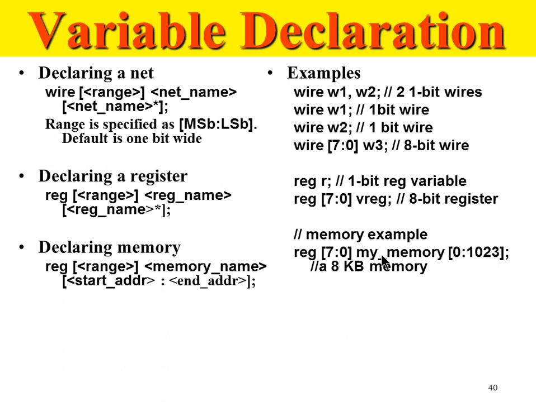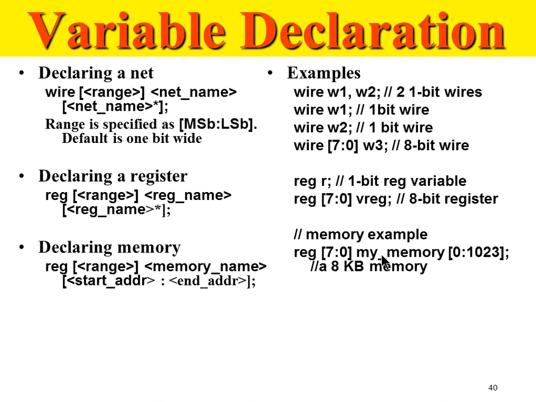Each memory will have a width and a depth. So let's say I want to design a 1 kilobit memory. The width of the memory is 8 bits. So how many such locations would I need? 1 kilobit, right. So I would need 125 locations to create a 1 kilobit memory.